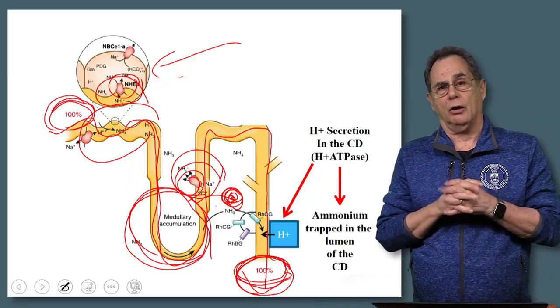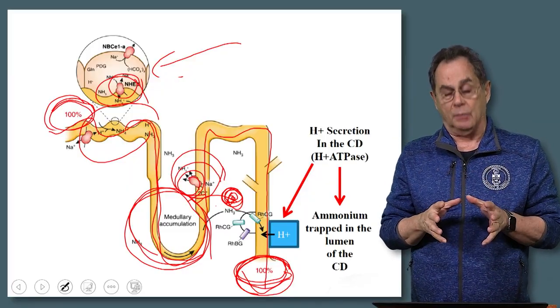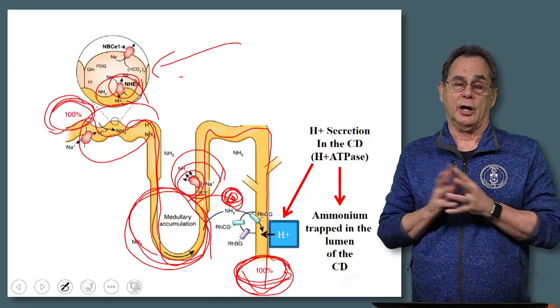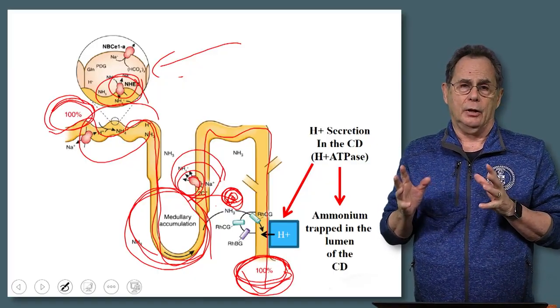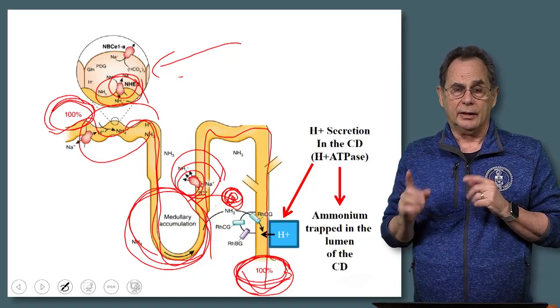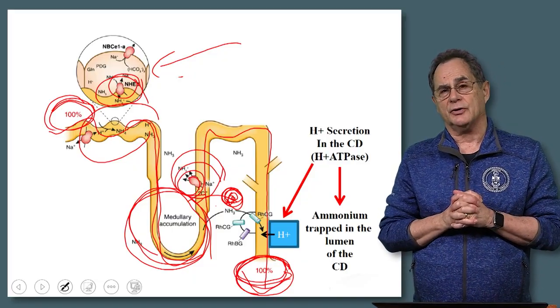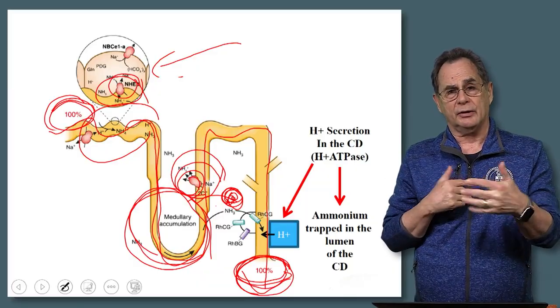Now, in the cell, you now have ammonium, of course, in equilibrium with ammonia and hydrogen ion. The ammonia diffuses freely across the luminal membrane of the collecting duct because it's permeable to that lipid bilayer.